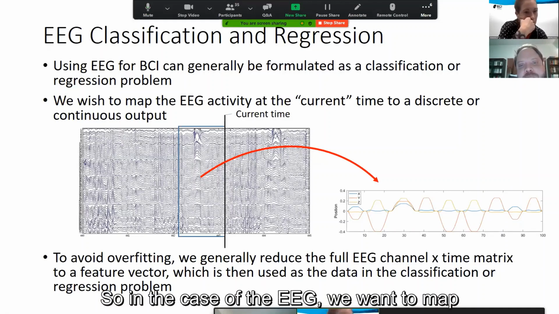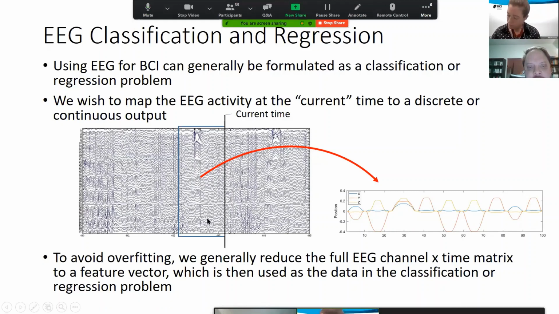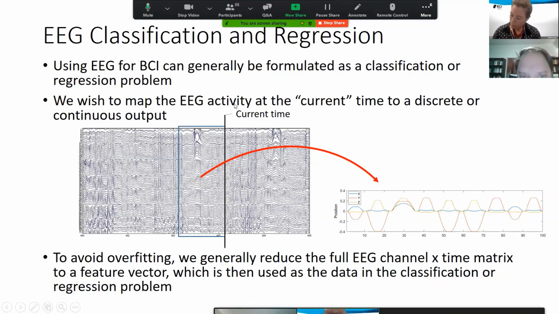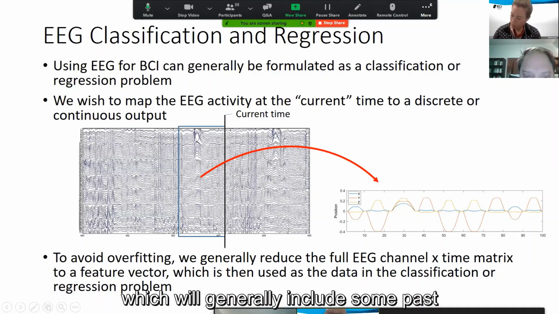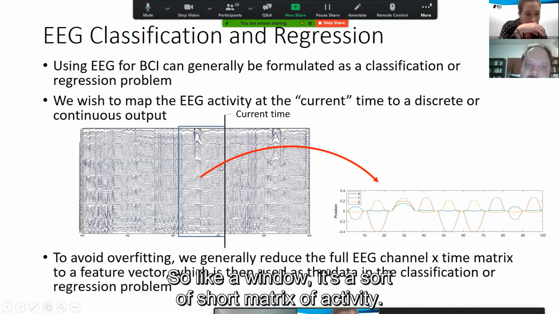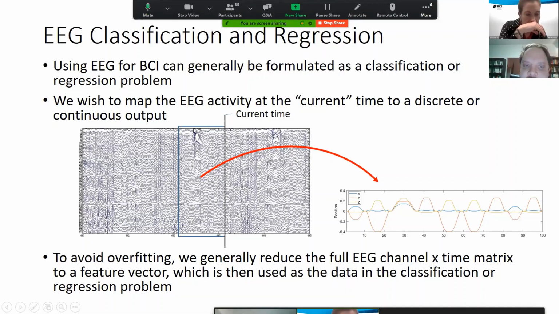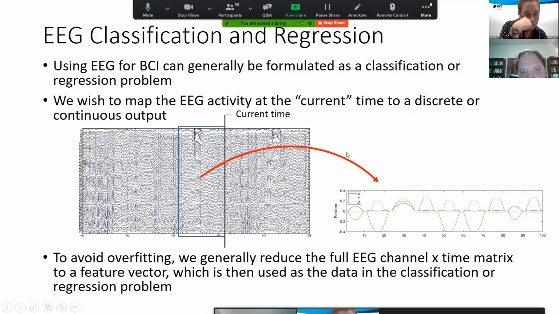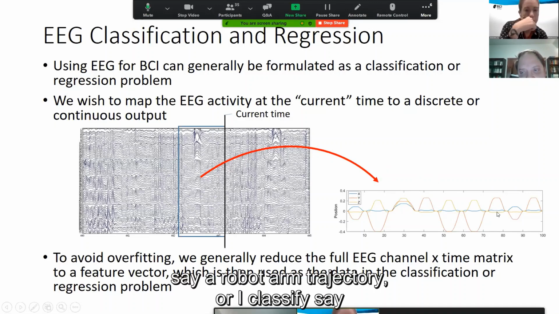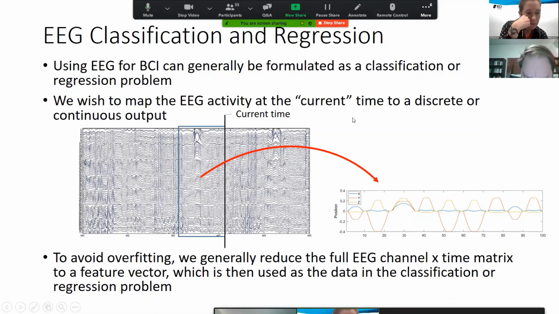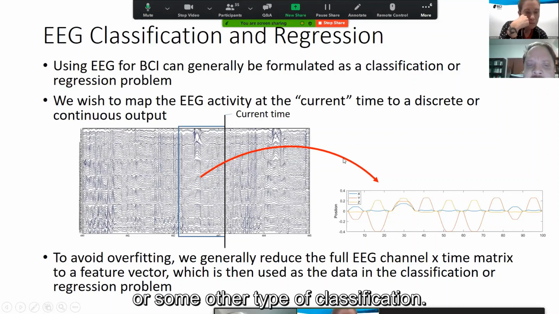So in the case of the EEG, we want to map this multi-channel EEG activity at the current time, which will generally include some past of, say, 500 milliseconds or 1 second, so like a window, a short matrix of activity, and we want to regress that onto some signal, say a robot arm trajectory, or classify, say, a particular movement type or some other type of classification.